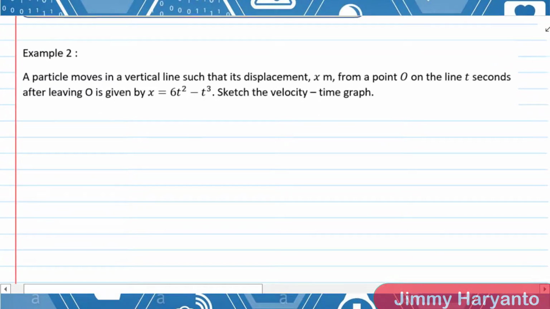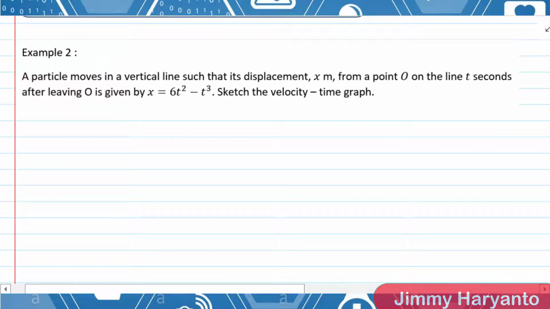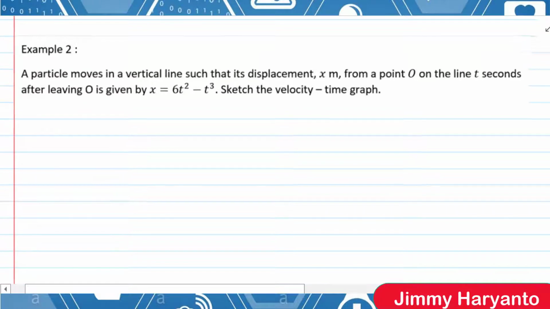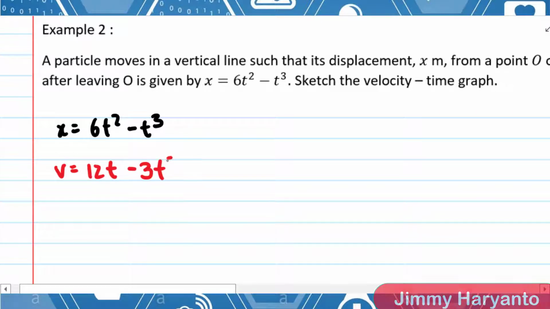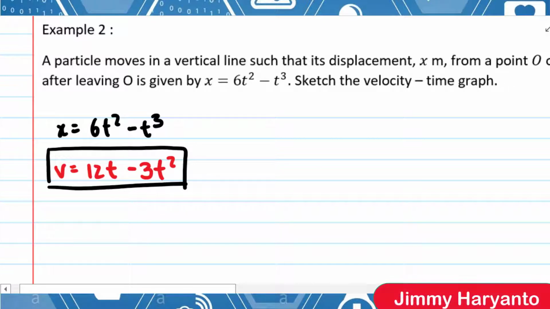Example 2, a particle moves in a vertical line such that its displacement is like this. So this one is the previous question, so we can copy the answer for the v. The v is 12t minus 3t square. Okay, so we will sketch the velocity time graph using this equation.